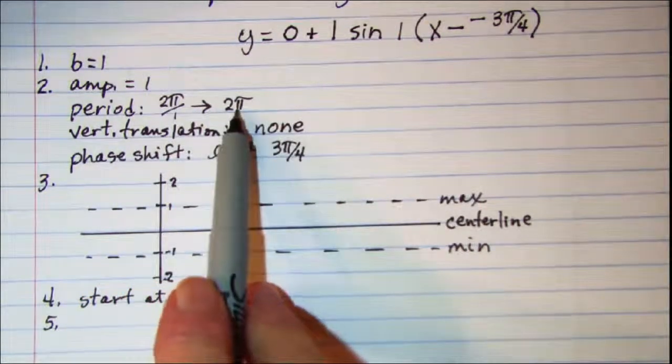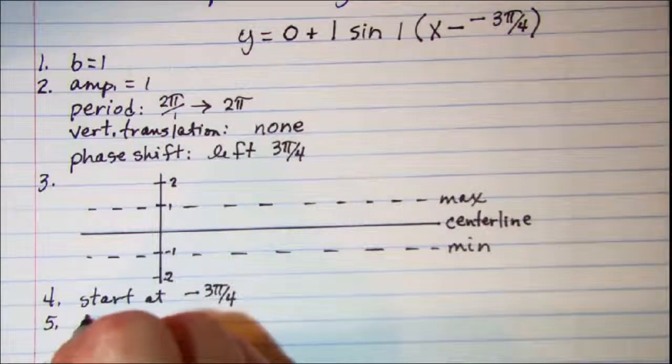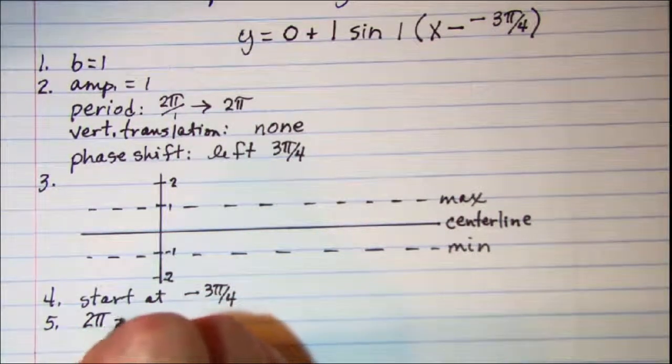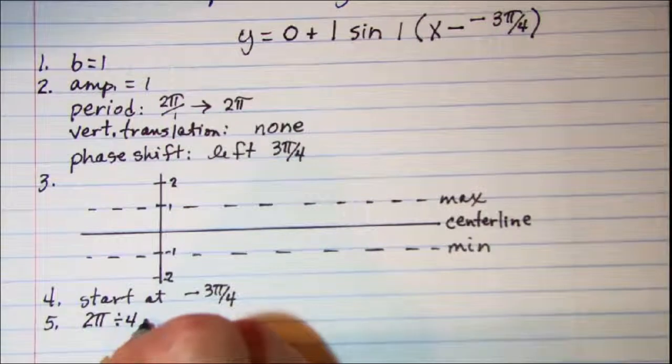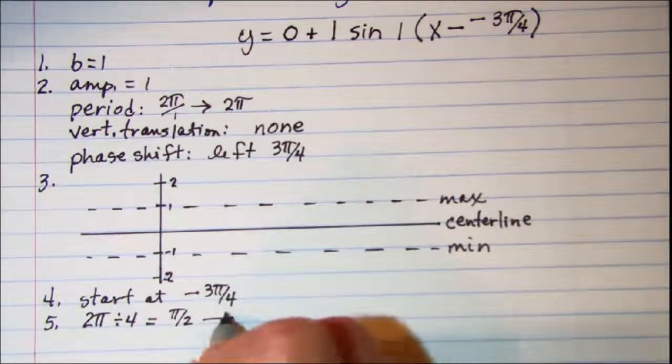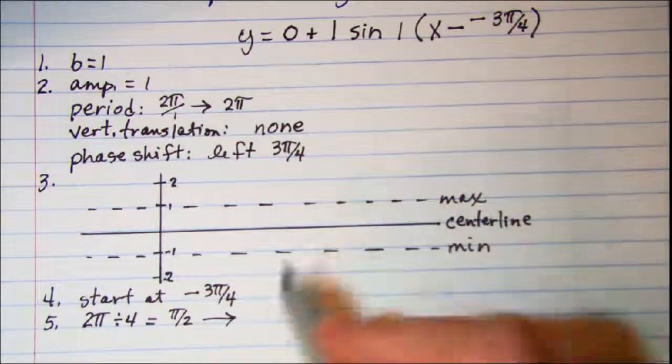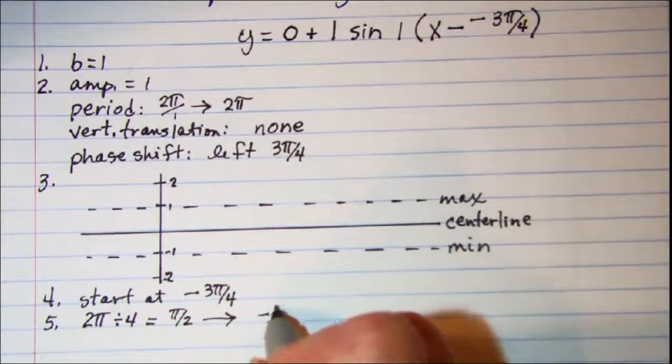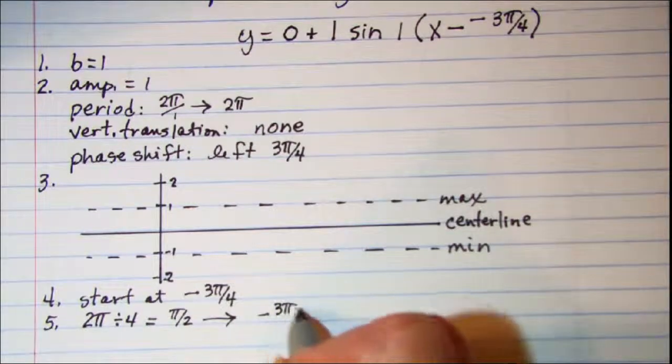So my period is 2 pi, so 2 pi divided by 4 gives me pi over 2. So my starting value is negative 3 pi over 4.